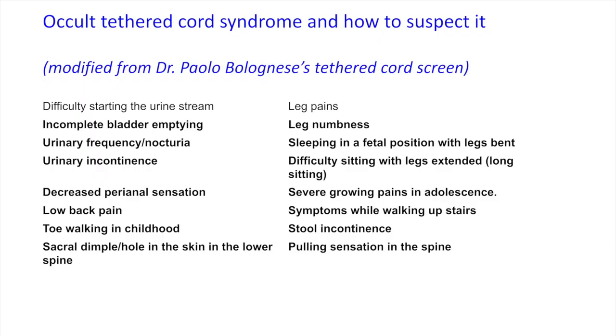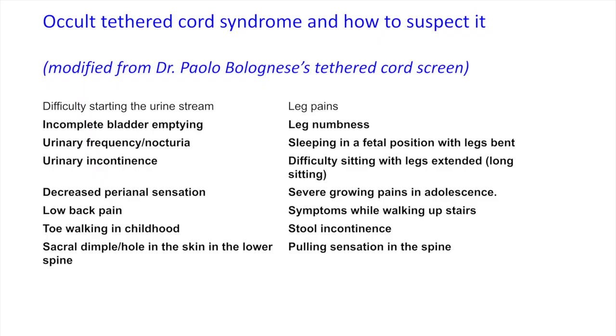They can then have a number of symptoms related to decreased sensation in the perianal area, problems with bowel motility, and they often have to sleep in a more fetal position with their legs up towards the chest. Sitting with the legs fully outstretched can be a problem for them. And there's some others.